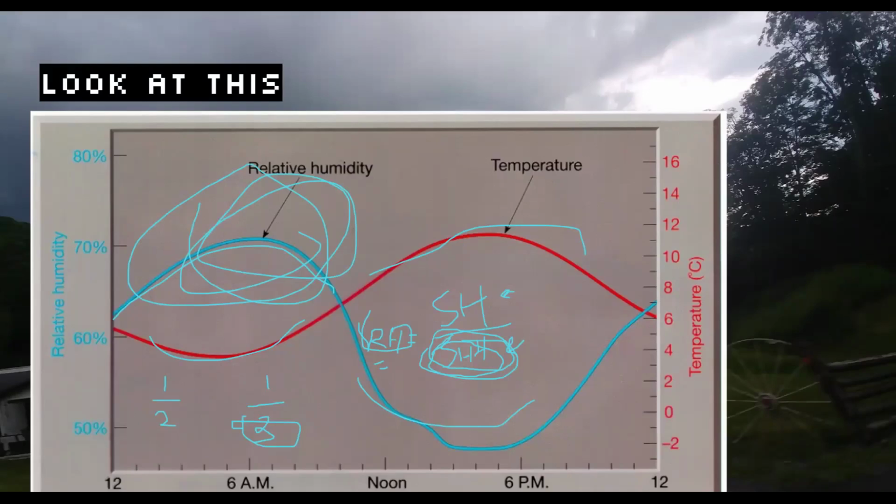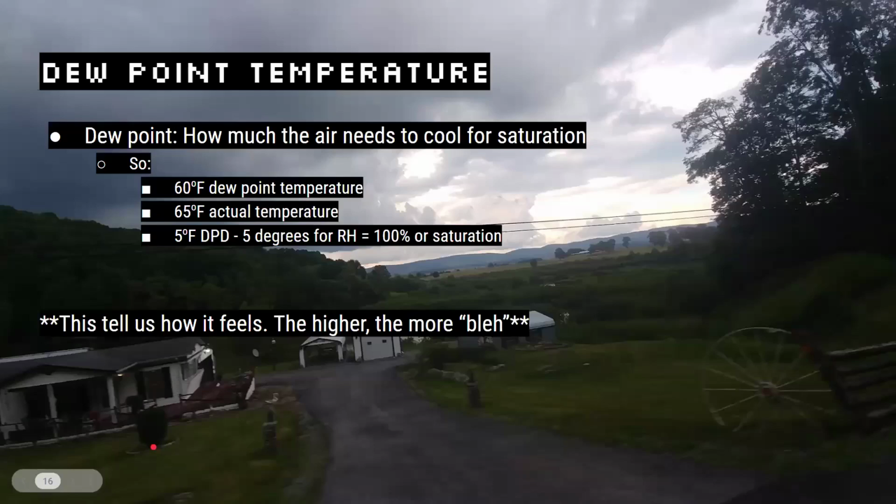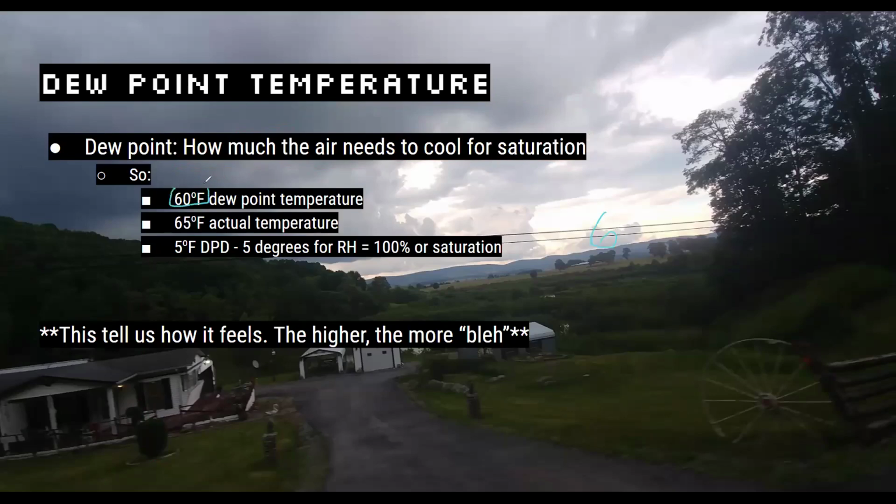But what might tell us that? That's dew point temperature. The dew point is basically how much the air needs to cool for saturation, so it can be displayed as a temperature. If we have a dew point of 60 degrees, and the actual temperature is 65, that means we've got 5 degrees to go for 100% relative humidity or saturation.